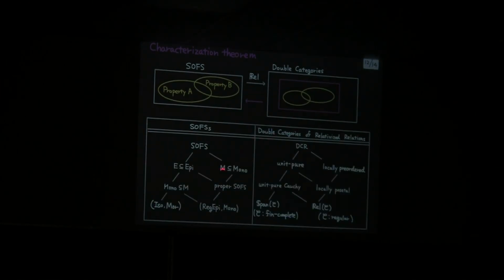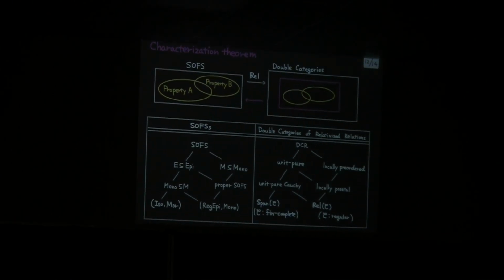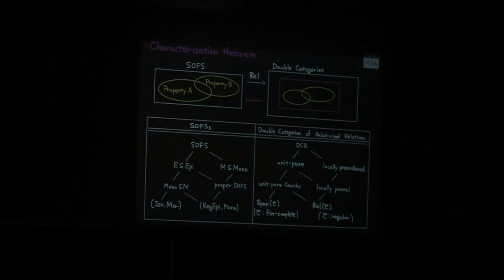You give it a category C with an orthogonal factorization system, and no other conditions. So on the top, yes. It must be stable as well. Yes, stable, but there is no need to have regularity. No. So, at least.